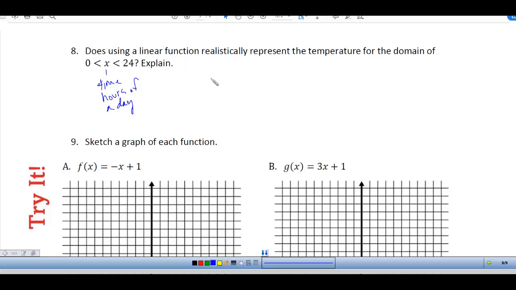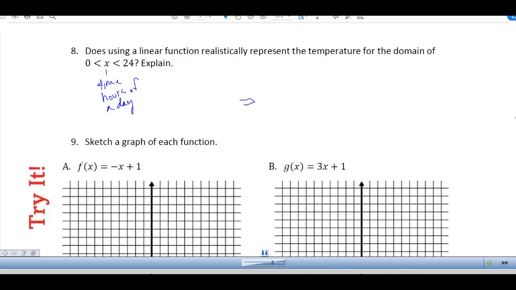But to model this using a linear function where it's continuing to increase at a constant rate of change probably doesn't make a lot of sense in terms of temperature over the course of a day, because it warms up typically as the sun comes up during the warmest part of the day, and then as it sets and into the evening time, it cools back down.